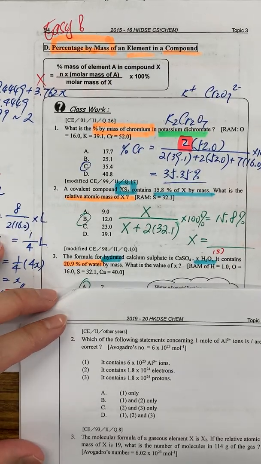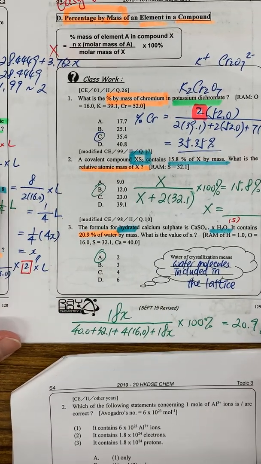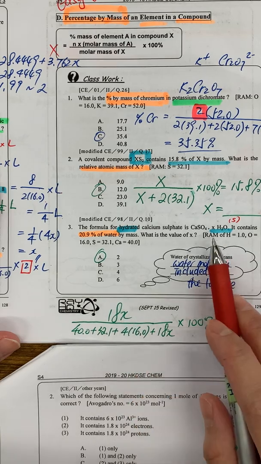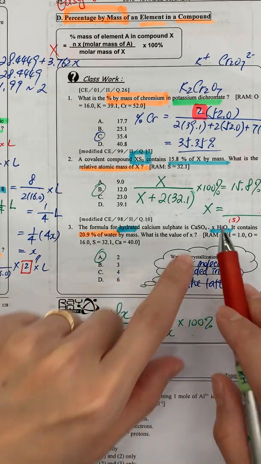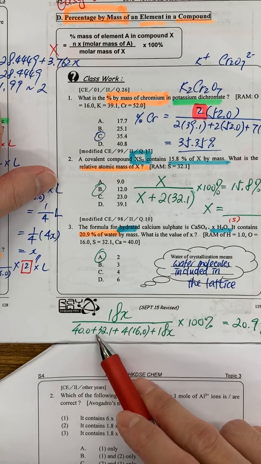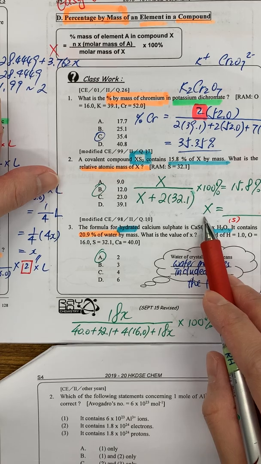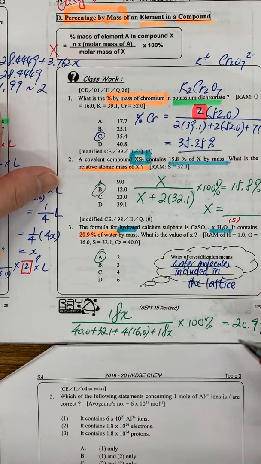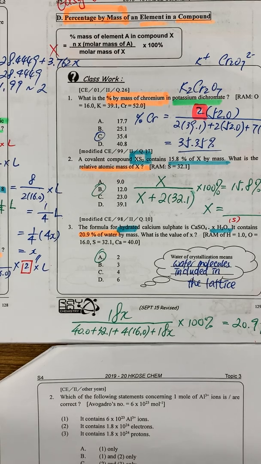What do we need to put in the fraction? They say 20.9% is the water of crystallization, so here 18x. On the bottom, you add up the whole hydrated salt molar mass, and then times 100%, equal to 20.9. Obviously only one unknown. Can you get it? Should be yes. Try by yourself.